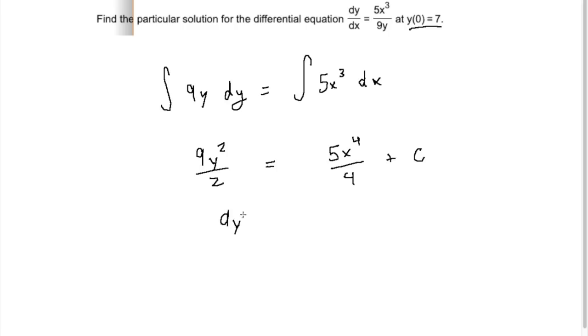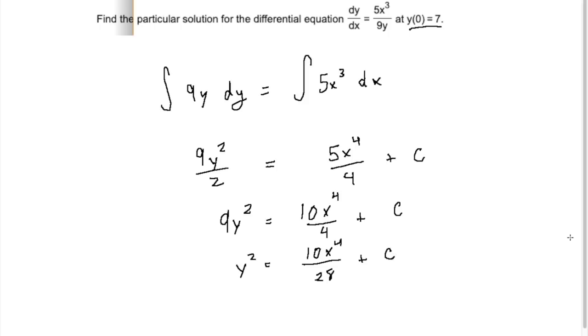We'll get 9y squared is equal to, multiply everything by 2. C never gets changed, even though it could be multiplied by 2 here. Let's put plus c. Then we'll divide by 9. 10x to the fourth divided by 4 divided by another 9. That's over 28 plus c.